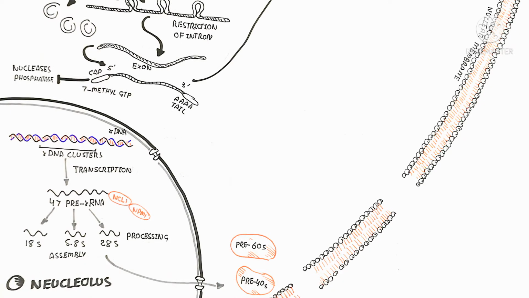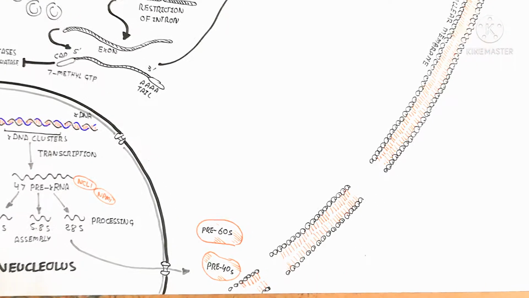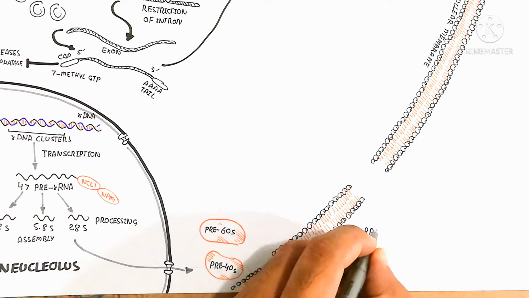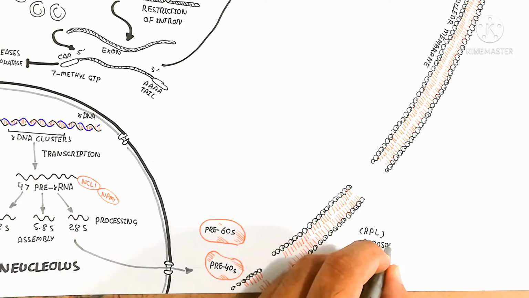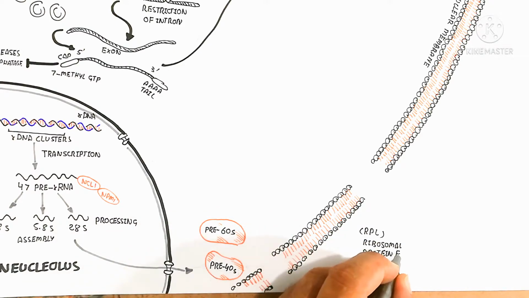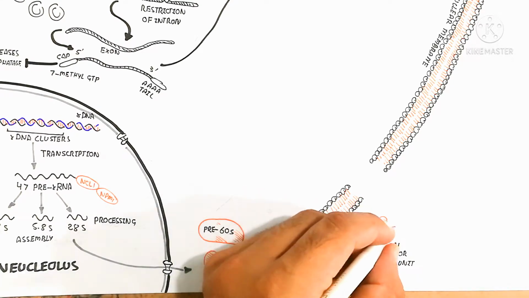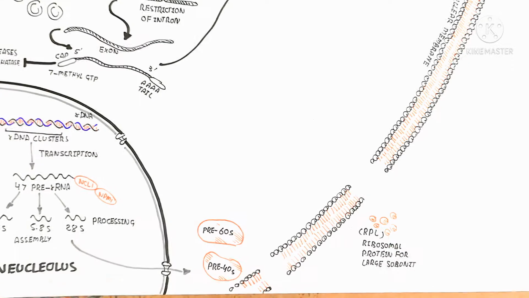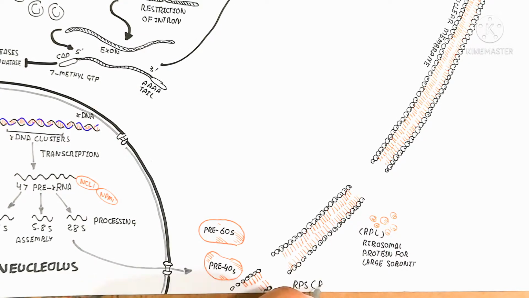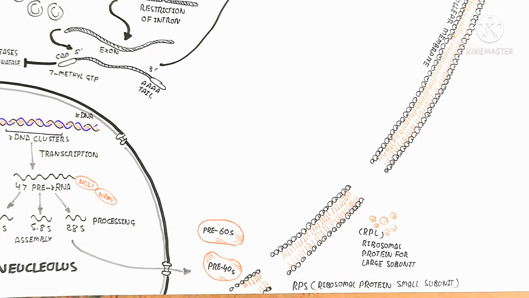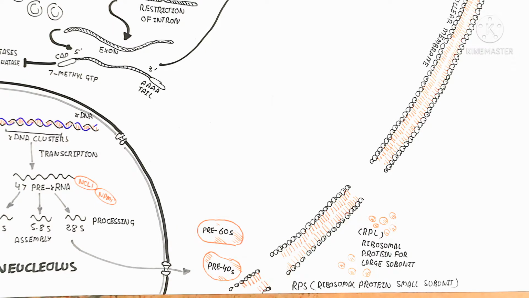So after this, for maturation, the ribosomal proteins for the large subunit and small subunit enter into the nucleolus, when the ribosome will go to the outside of the nucleolus. So it will move inside, and this RPL and RPS, which are the ribosomal proteins for the large subunit and the small subunit, will be added.